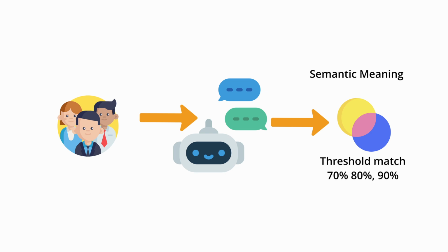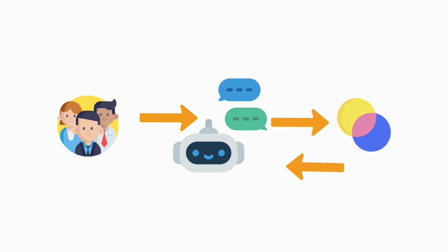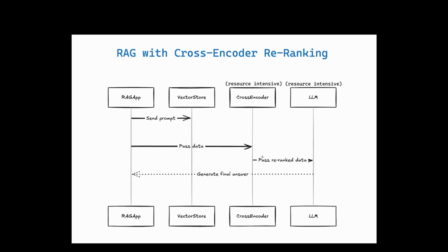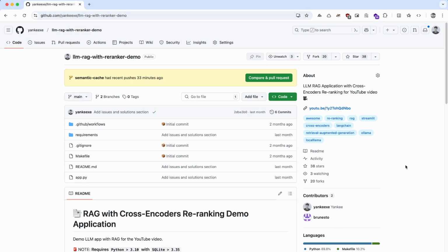If the question is, let's say, 70%, 80%, 90% similar, we can immediately return the results to the user, so that our application does not have to go through these steps, saving us precious CPU and GPU cycles.